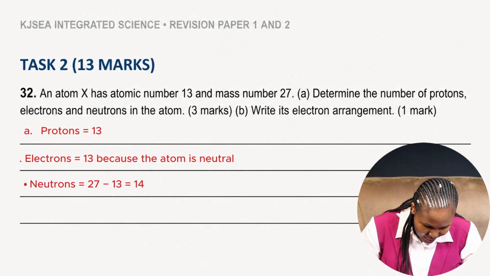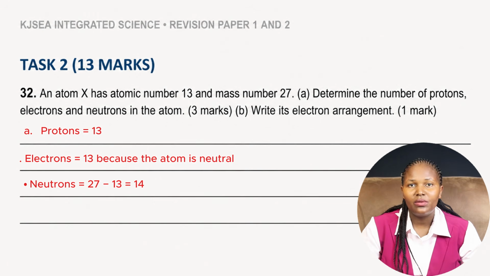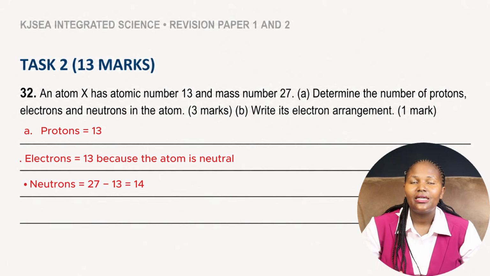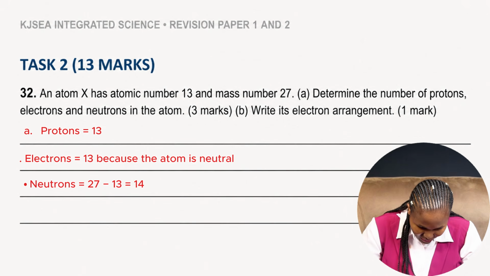For the neutrons, we take the mass number, which is 27, and minus the atomic number, which is 13, and we get 14. So the neutrons are 14, and that is the correct number.